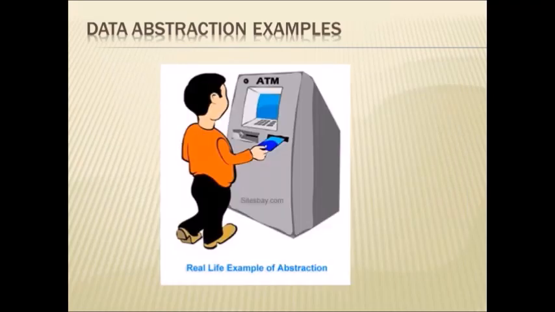See example 2. If you consider the ATM machine, you know how to operate the ATM. That is, you insert your card and, based on the choices, you deposit or withdraw some amount from the ATM machine. But you don't know how the cash is generated, how the cash is deposited into the machine. You don't know that process. Based on your operation, the bank balance is updated automatically.